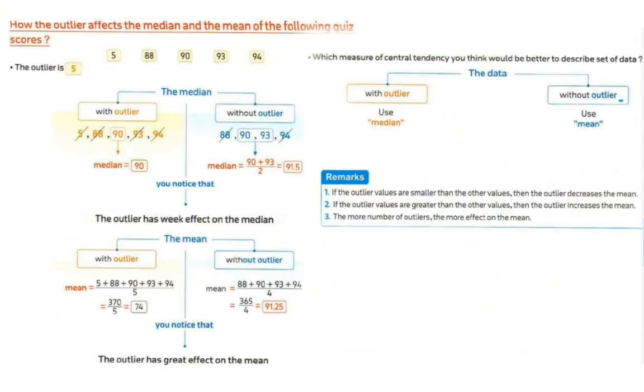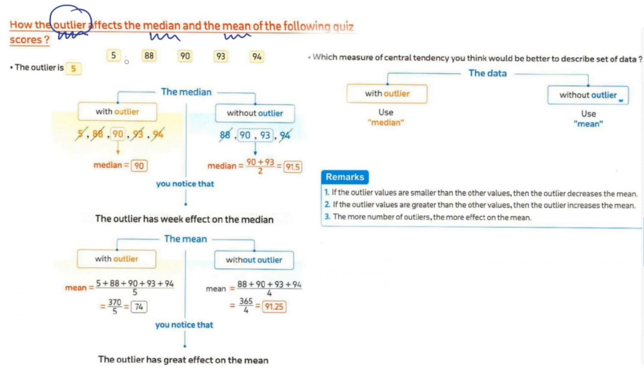Now we learned about the median, the mean, outliers, and the mode. Now we need to find some relationship between outliers and the median and mean, that is, how an outlier affects the median and the mean of the following values.